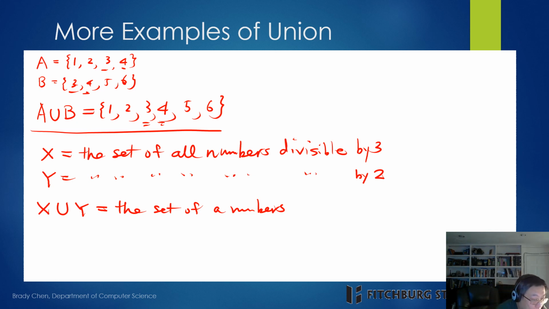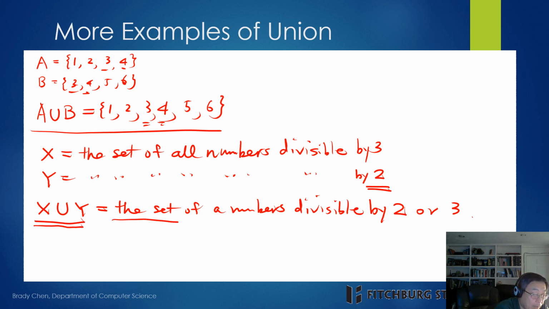So it's the set of numbers divisible by 2 or 3, right? If it's divisible by 3, that element belongs to X, so it should be in the union of X and Y. Now if the number is divisible by 2, that element belongs to Y, but that number should also belong to X union Y, right?